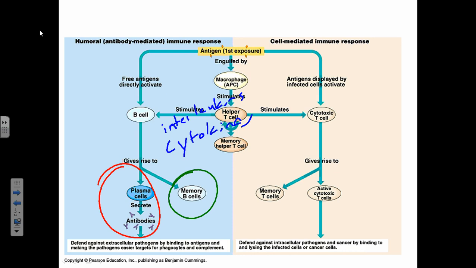Remember, though, that can only help if the germ is between cells in the fluids. The other part of the system is the cell-mediated. And this is when your immune system kills what? Your own cells that have an internal infection, an intracellular infection. And the way that works, how does your immune system know that that cell is sick? Yeah, it displays proteins from inside itself on an MHC1.